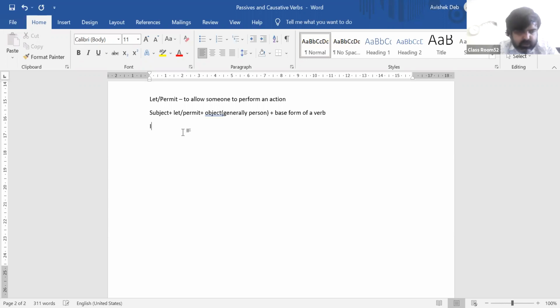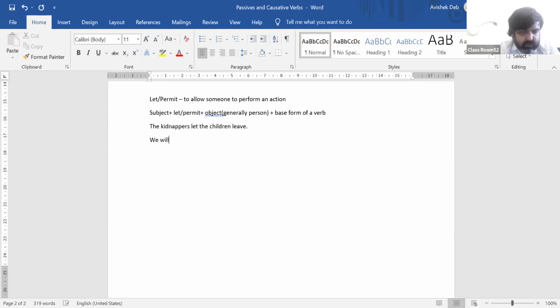Let's construct a sentence with a future expression.